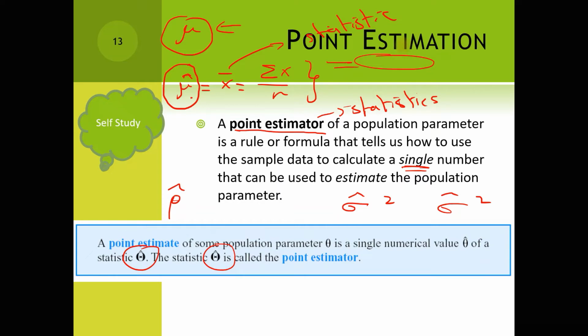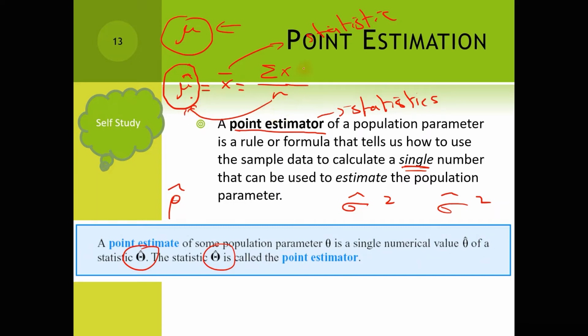Now, it's very important that you understand certain principles about the point estimator. As I said to you, this is an example of a point estimator. This is a rule or a formula. But nothing prevents me, let me just give you an example, from using another rule or formula, suppose n minus 1 or n minus 2 or something else that could be used to estimate mu. But we have to be careful.